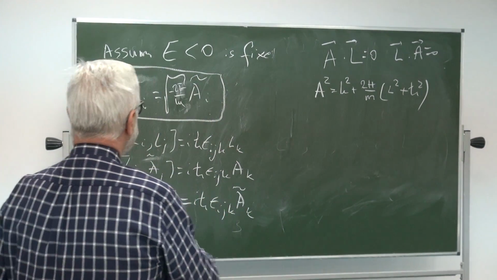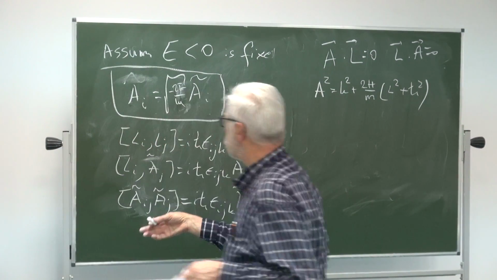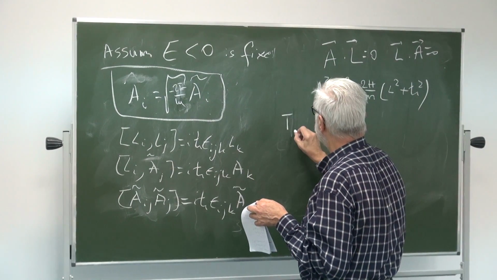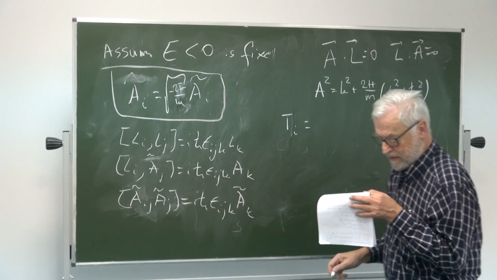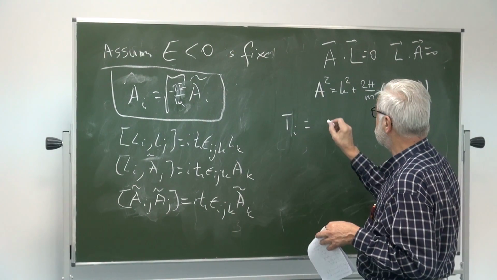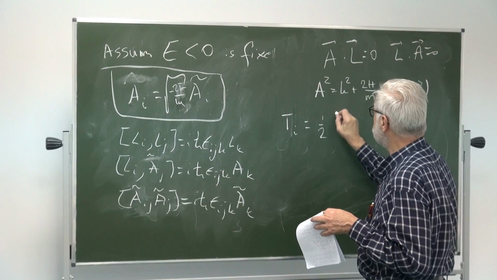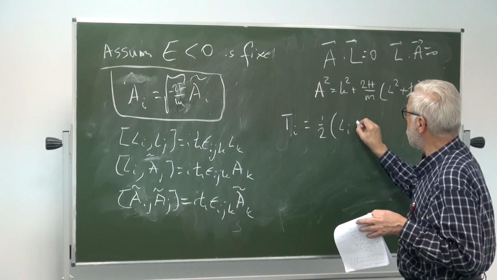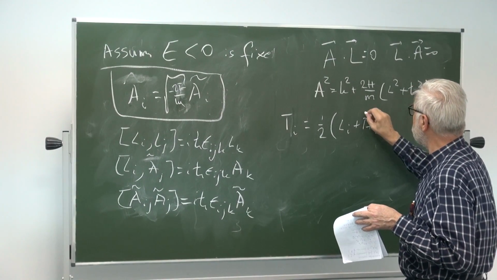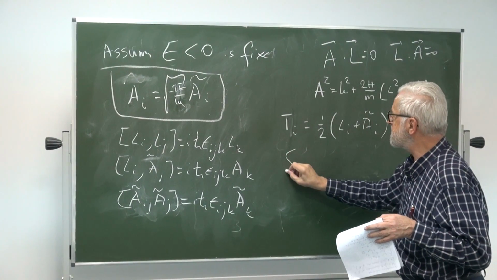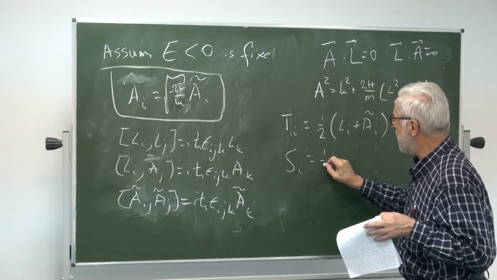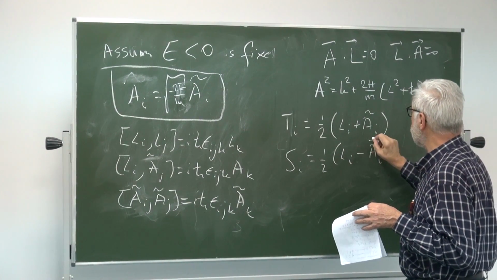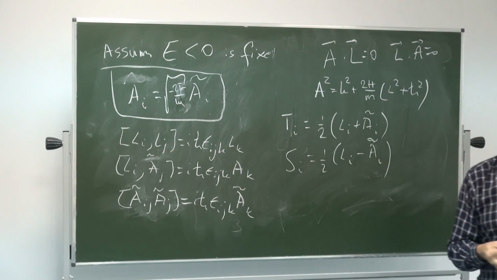Now, it's not the end of definitions. Let's introduce two new vectors, but this time it is a lightweight exercise. This is simply T_i equals L_i plus A_i with a wiggle, and S_i is one half times L_i minus A_i with a wiggle.